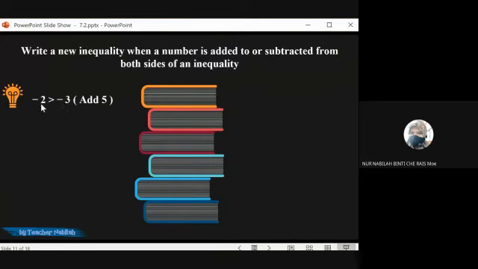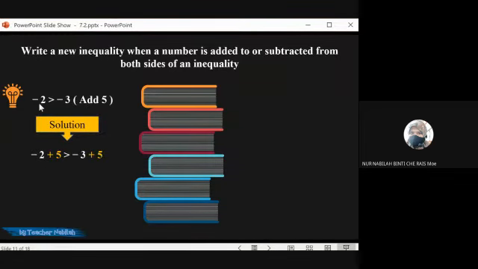You have to add 5 to both sides of this inequality. On the left side you plus 5, and on the right side you also plus 5.